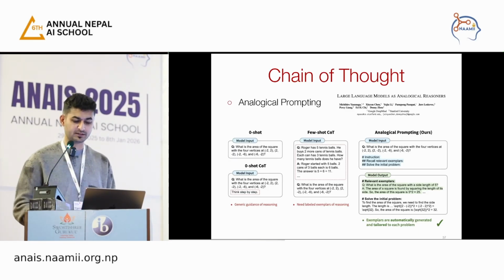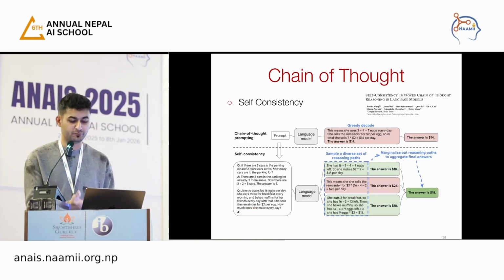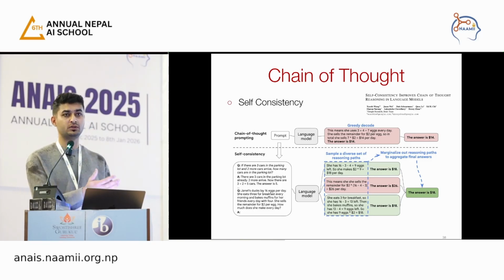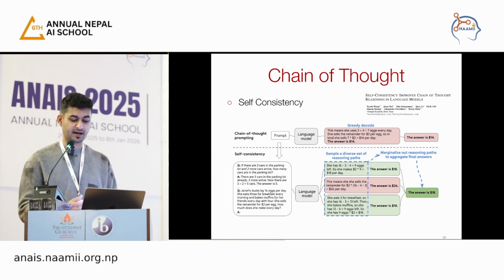There are some other ways to get even more performance. One is called self-consistency, which means I will have multiple reasoning paths, and I will cut out the ones which give me the wrong answer, and only use the ones which give me the right answer and make a majority vote of it. So that's also one of the ways.